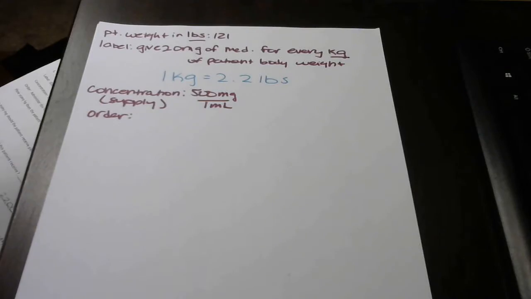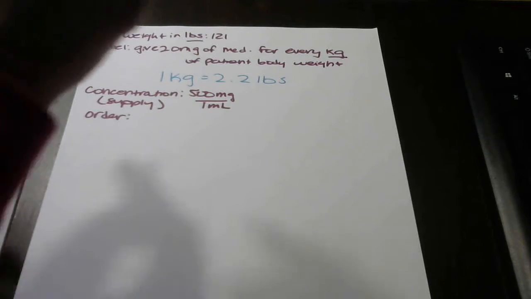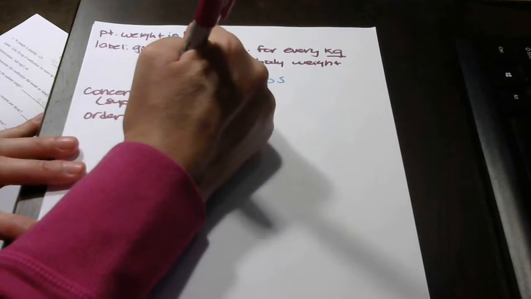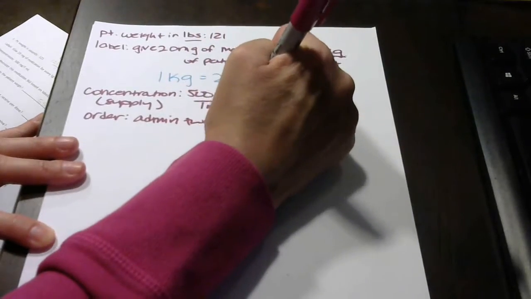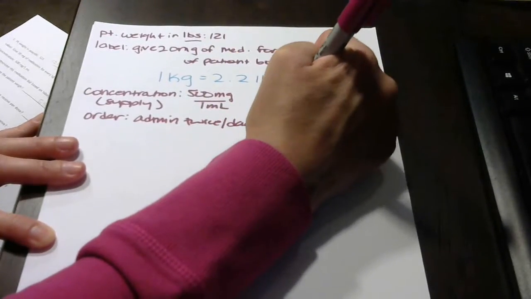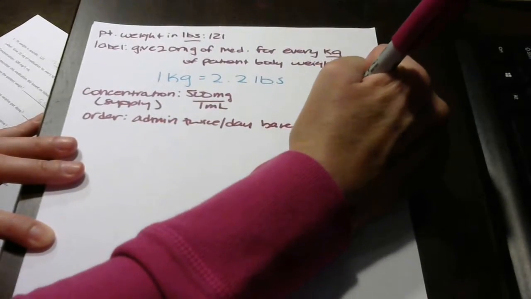And BID, looking at our sheet here, means twice a day. So it says administer twice per day based on label instructions.